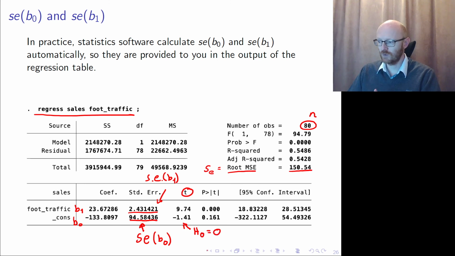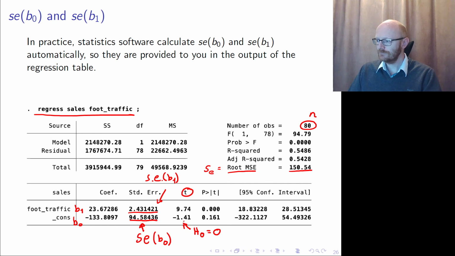Okay, that's important to remember, which means that the coefficient for foot traffic, for the slope, is 9.74 standard errors away from 0, whereas the coefficient for the intercept of negative 133, given a standard error of 94, is negative 1.41 standard errors away from 0.